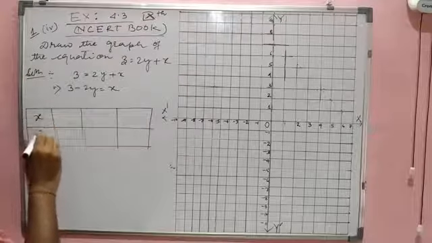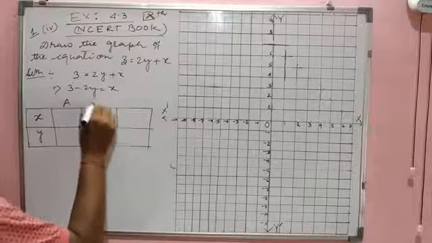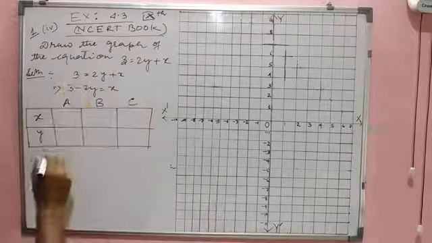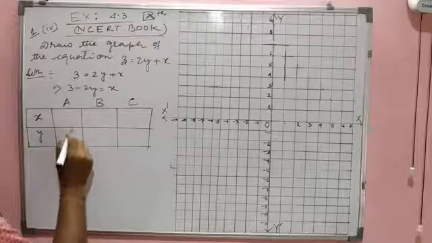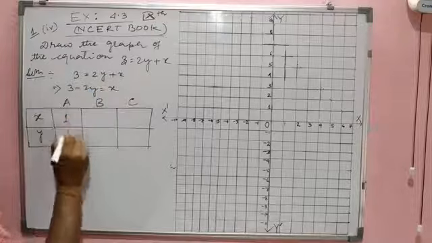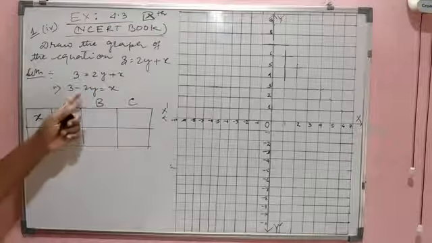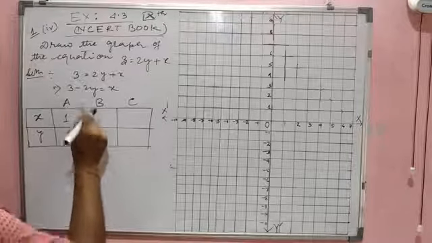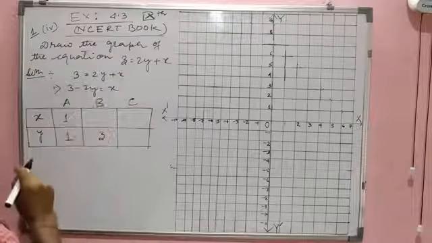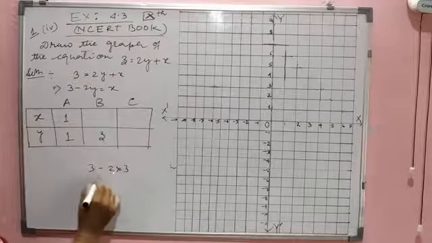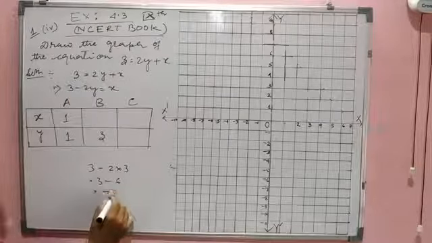See how to find 3 pairs of solution. X, Y, A, B, C. If we put the value of y as 1, then 2 into 1 is 2, 3 minus 2 equal to 1. Suppose y equal to 3, 2 into 3 is 6, so 3 minus 6 equal to minus 3.